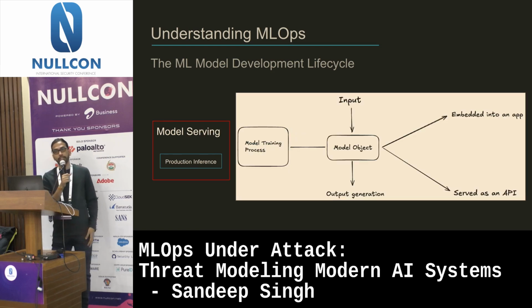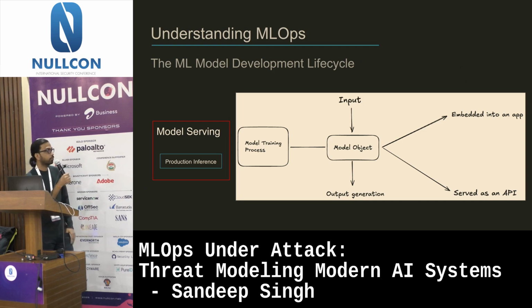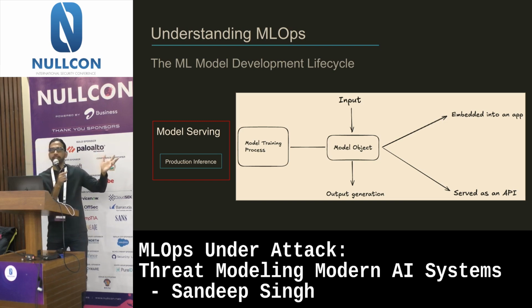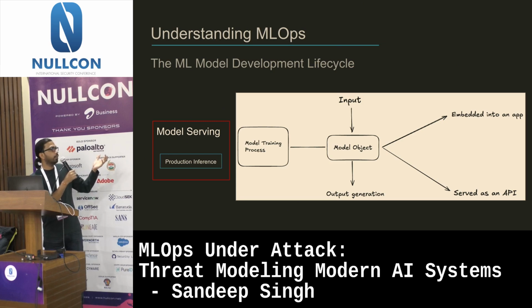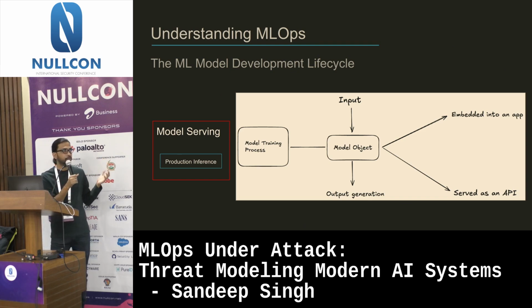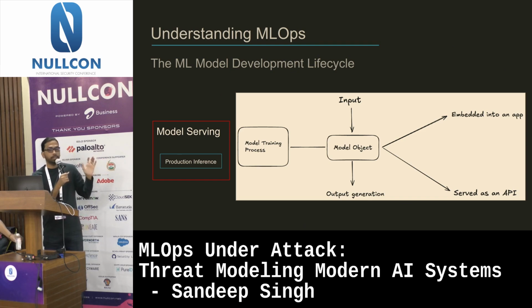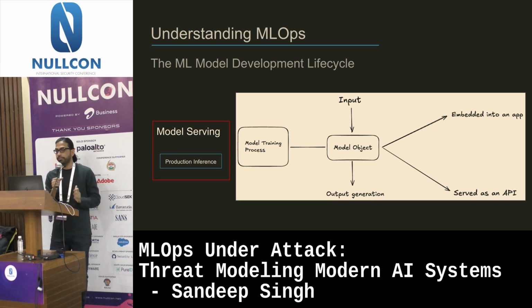And then you'd want to serve the model. So how would you serve it? What I was just saying: you've gone through the training process. You have an object, which could be a pickle file, a dill file, something like that, which you may have heard of. Then you would test it. You provide it a certain input and it generates an output, as it's supposed to. So it's working. Then you can package it in two different ways.